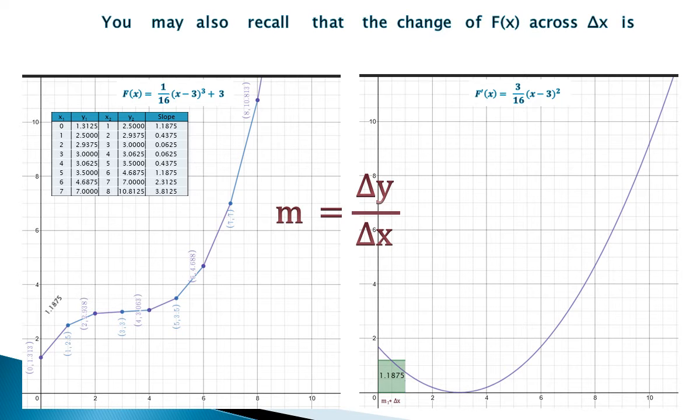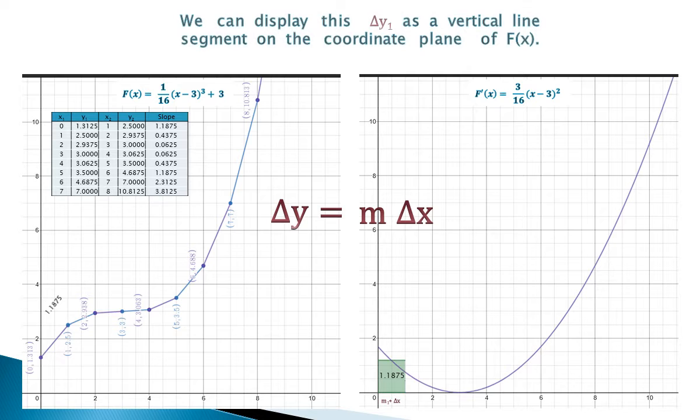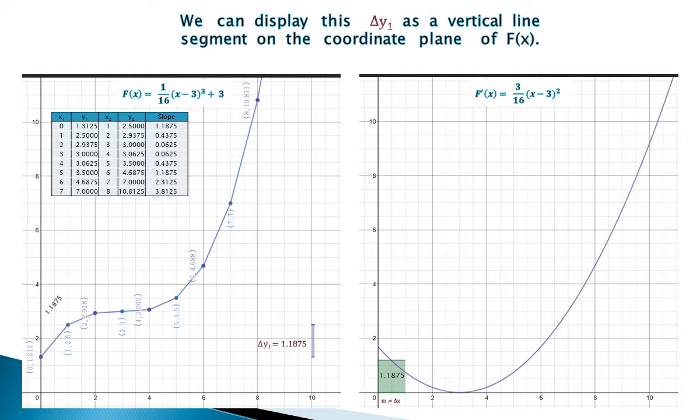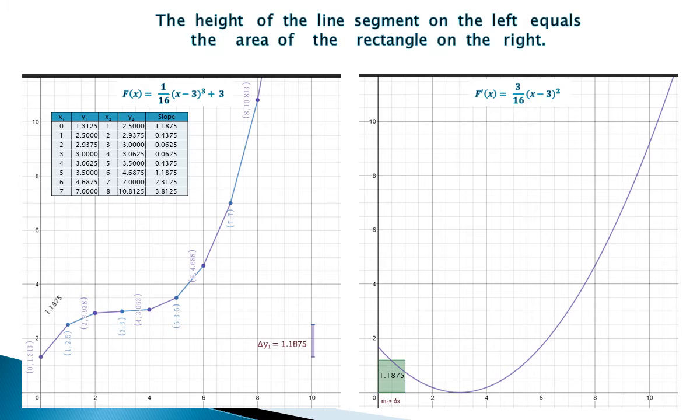You may also recall that the change of f of x across delta x is delta y equals m times delta x. We can display this change in y as a vertical line segment on the coordinate plane of f of x. The height of the line segment on the left equals the area of the rectangle on the right.